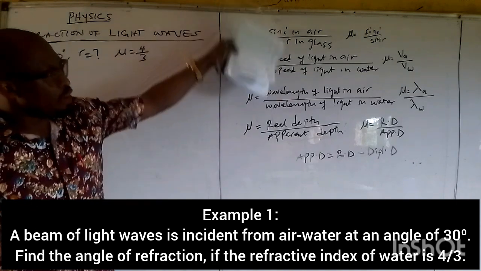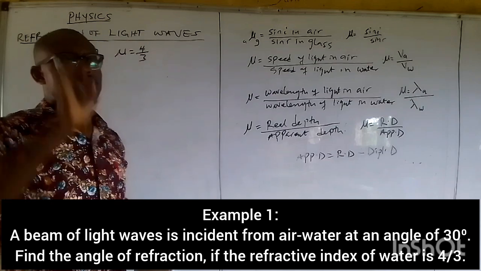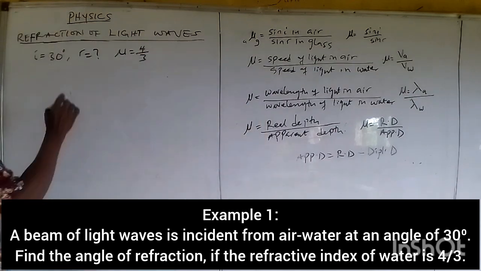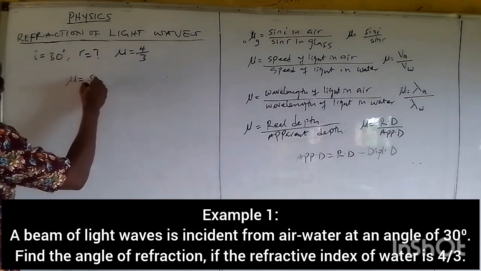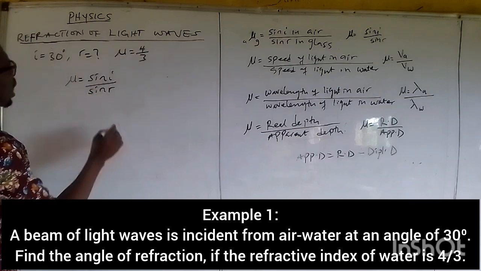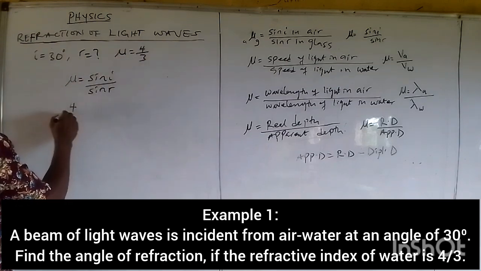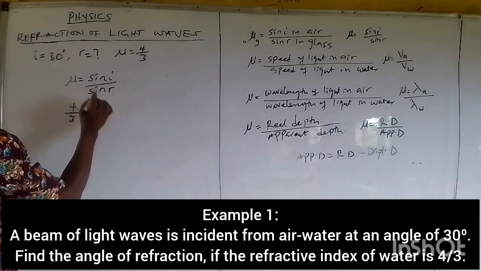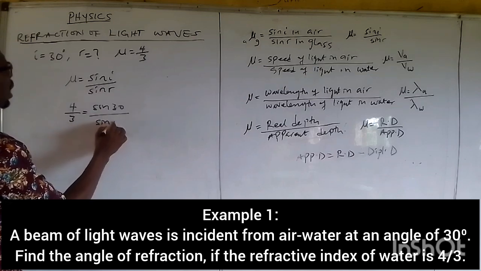Remember, these formulas are there to help us solve refraction problems. So we have that mu is equal to sine i all over sine r, which gives 4/3 is equal to sine 30 all over sine r.